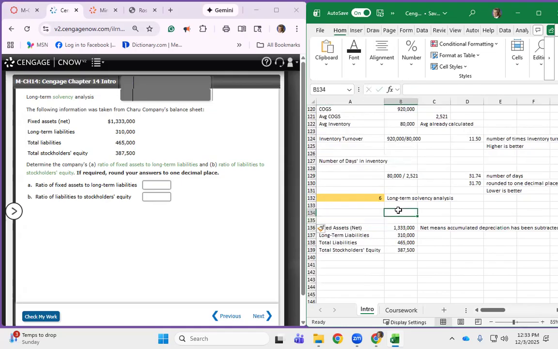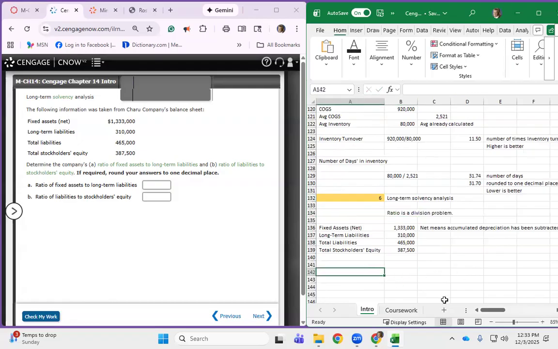You're going to have to divide. So you've got to have a numerator and a denominator, and sometimes they're in percentages, okay? But they're not asking for percentages here. They just want us to fill it in, and they want it to one decimal place.